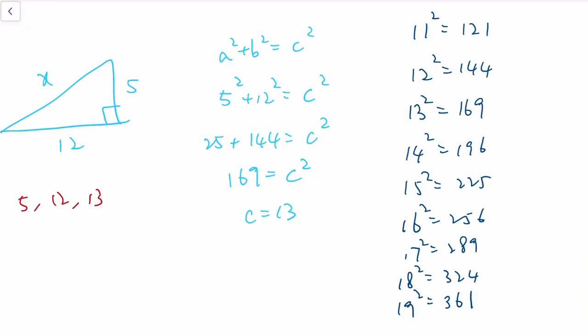And then 20 squared is 400. Okay, so that one is less interesting. But I think it would really help if you can memorize these when you're doing this topic of Pythagoras theorem.